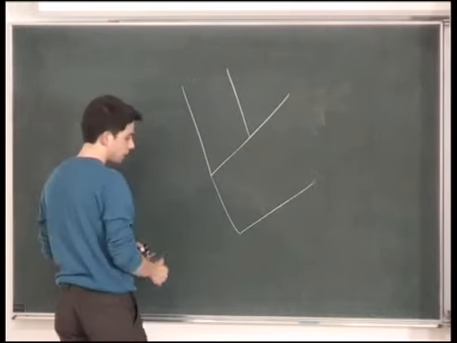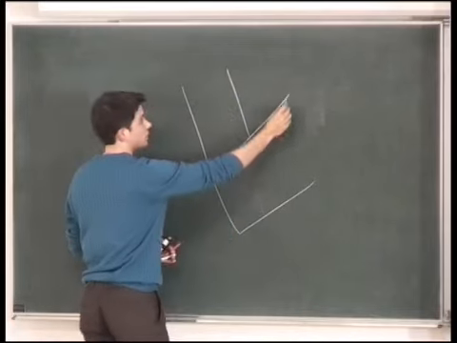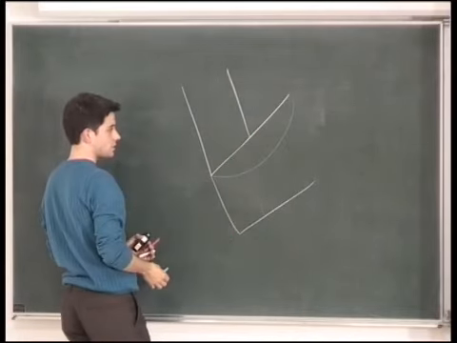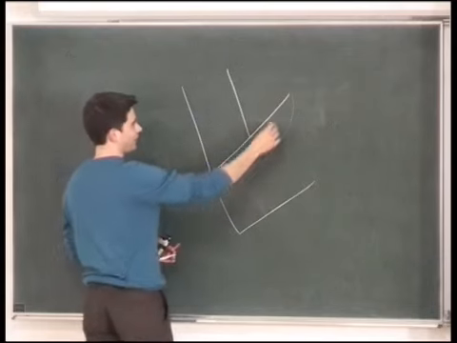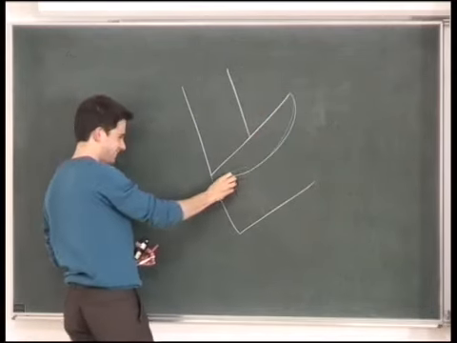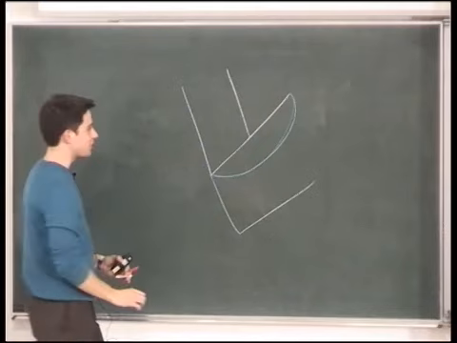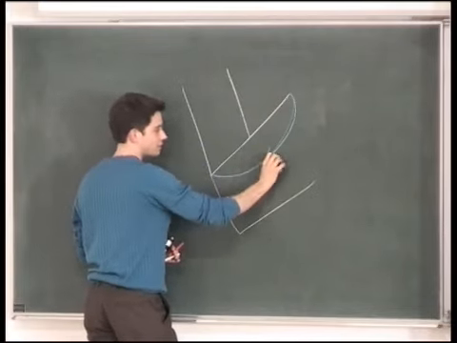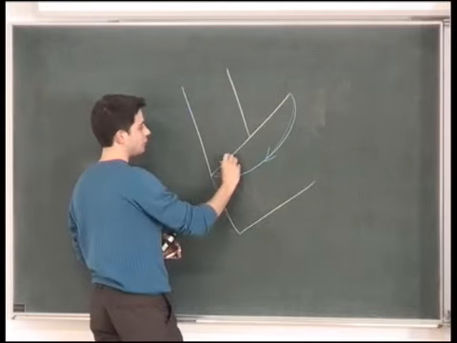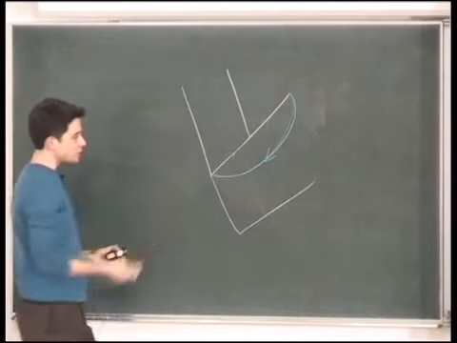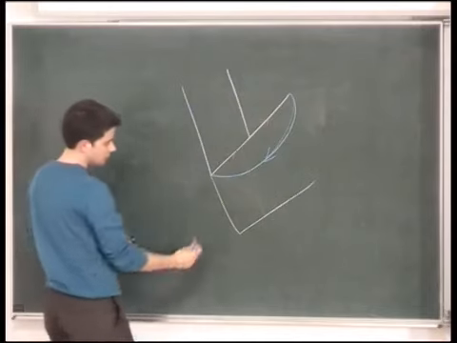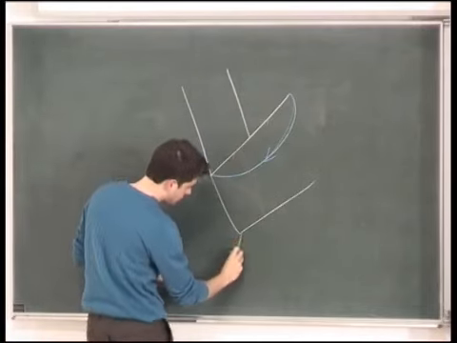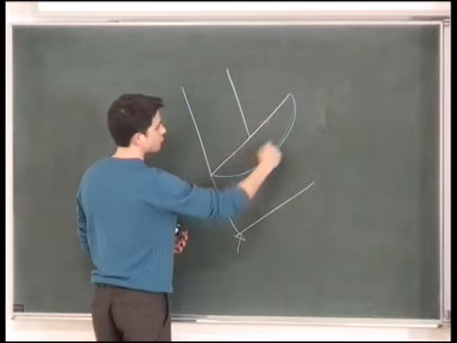If I take an external edge, if I take an edge that is active, it is this way. You see that this edge is active. It is the first to be encountered.